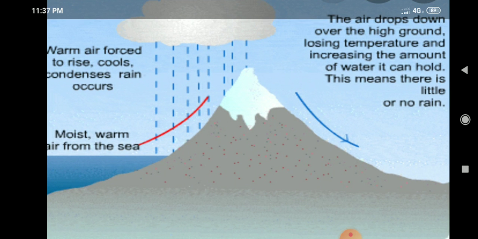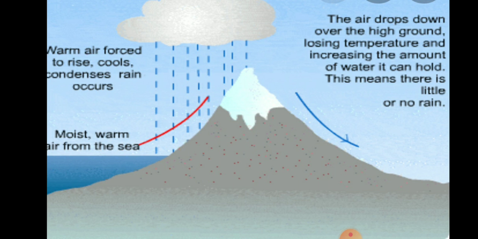Then next we have orographic rainfall. When the moisture-laden winds from the sea are blocked by mountain areas, the air moves vertically upward, and because of this vertical movement, it reaches the dew point, a certain area of the atmosphere where cloud forms. Then cloud is formed and the rainfall goes heavily on the windward side, in red line.